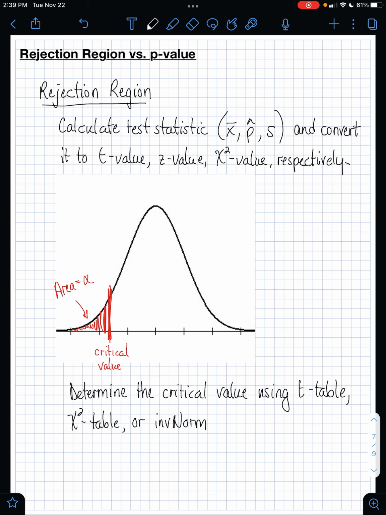And then we have to see, once our test statistic has been converted to the appropriate value, does it fall into that shaded region or not?